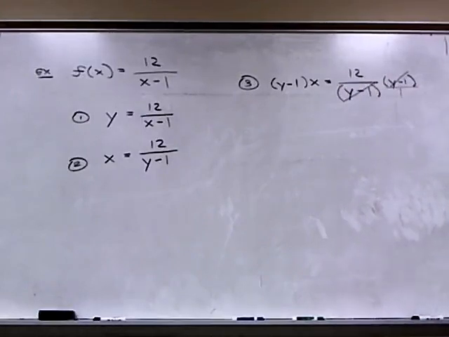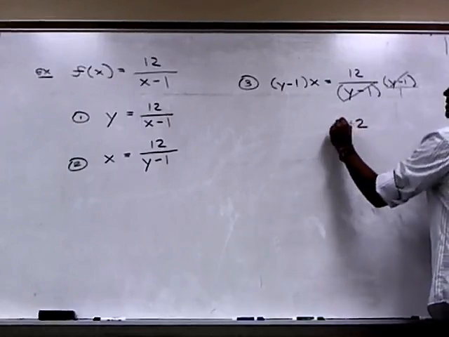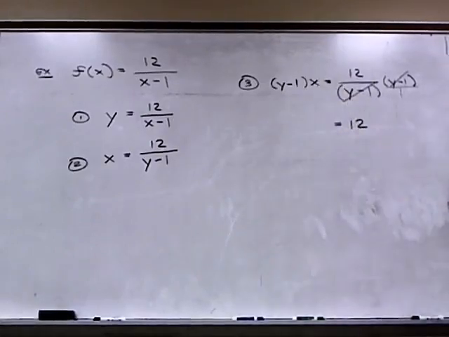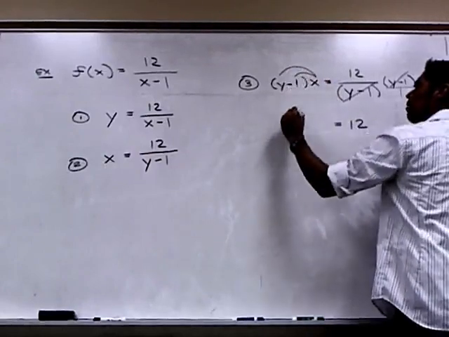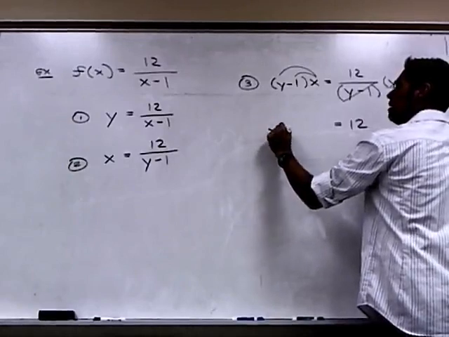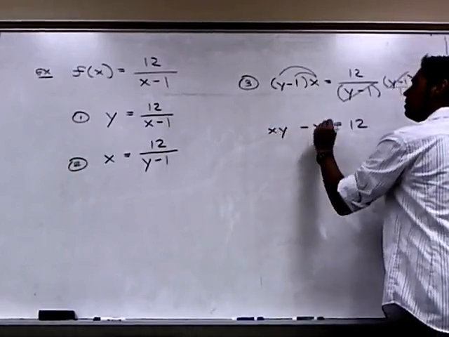So what still remains on the right side of this equation? 12. On the left side, though, we have that. So what I'm going to do now is distribute the x through. What would we get? xy minus x.